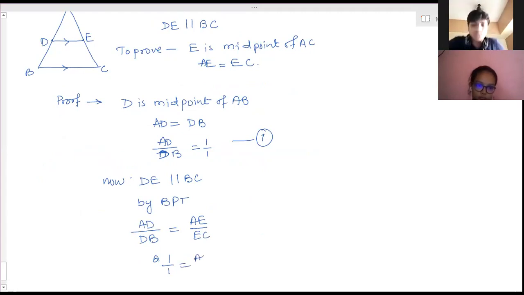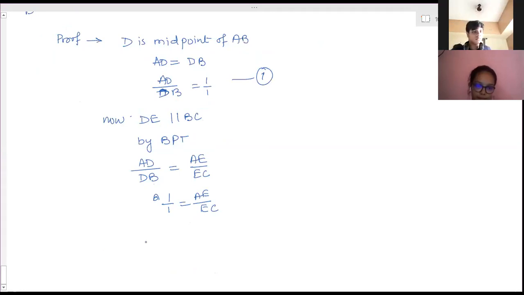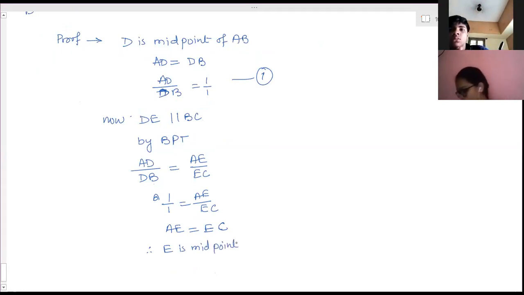So 1 by 1 is equal to AE by EC. Cross multiply. AE is equal to EC. So therefore, E is midpoint of AC. Clear?